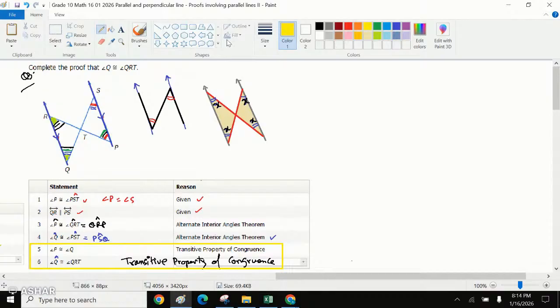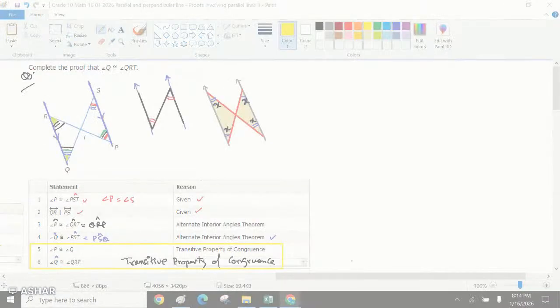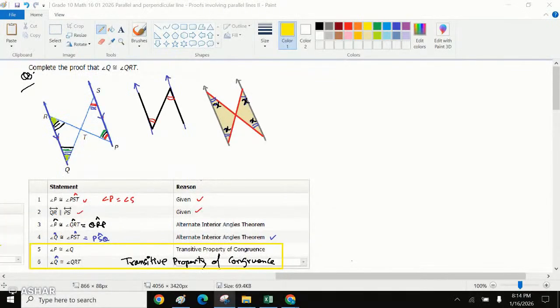Okay. Let's look at question number 4. I'll copy the question, then we'll do it together.